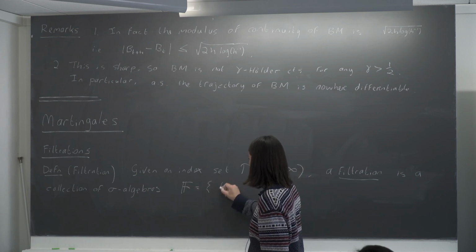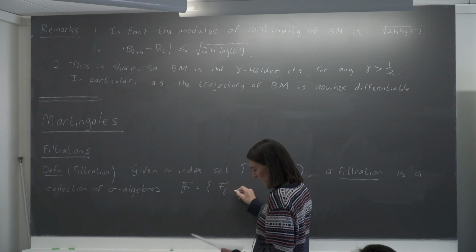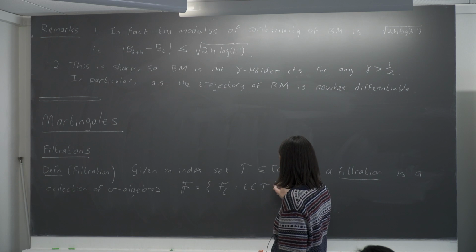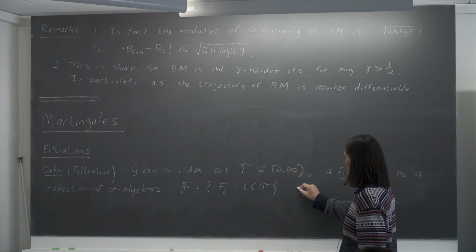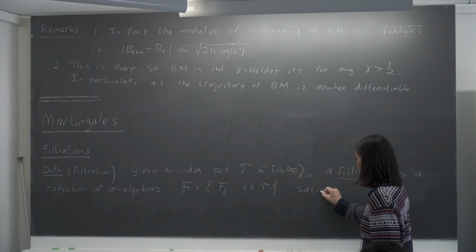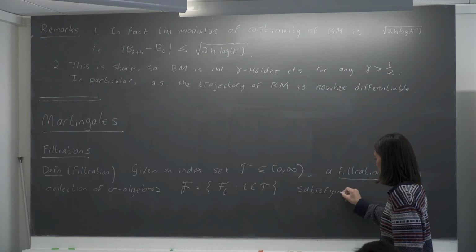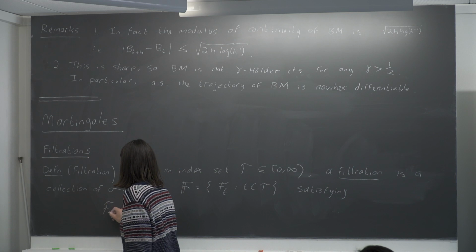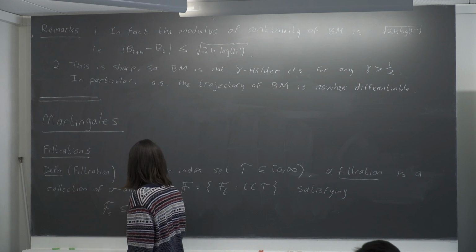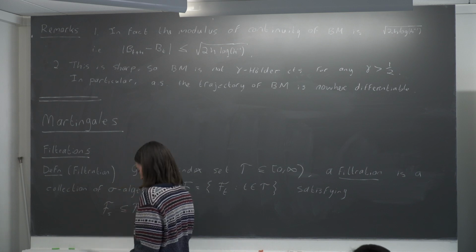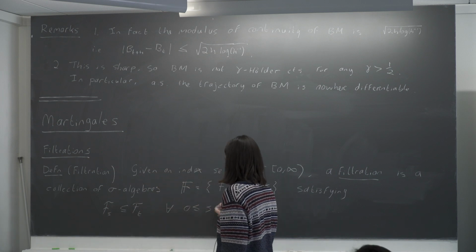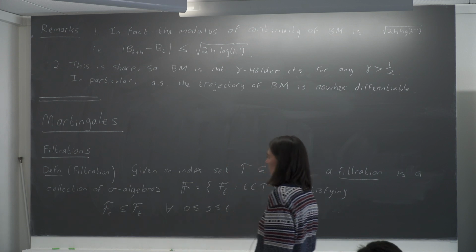So it's a set of sigma algebras F_t corresponding to t's in the index set, satisfying F_s is a subset of F_t for all 0 less than s less than or equal to t.